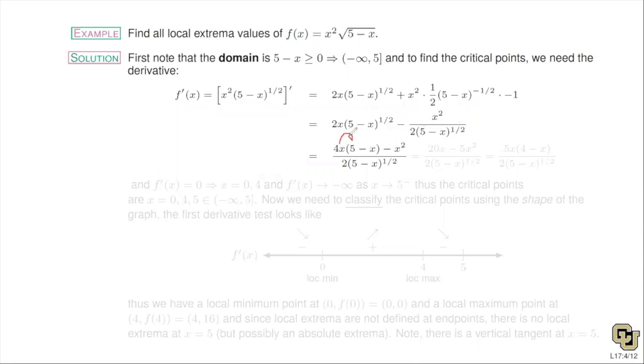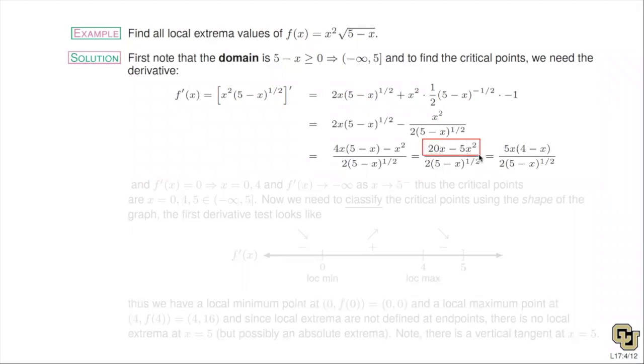I need to distribute the 4x to each term. 4x times 5 is 20x. 4x times minus x is minus 4x squared. And there's a minus x squared there. Minus 4x squared minus x squared gives me minus 5x squared. So in the numerator, I have 20x minus 5x squared.